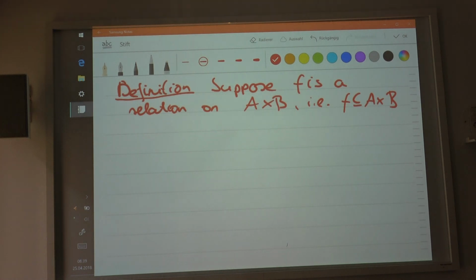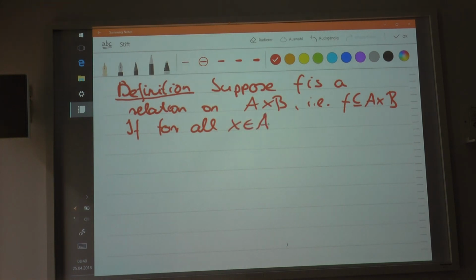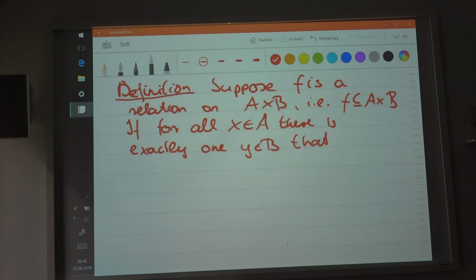All right, then. In that case, if for all x from the set A there is exactly one y from the set B that satisfies the following relation, namely that y is f of x.